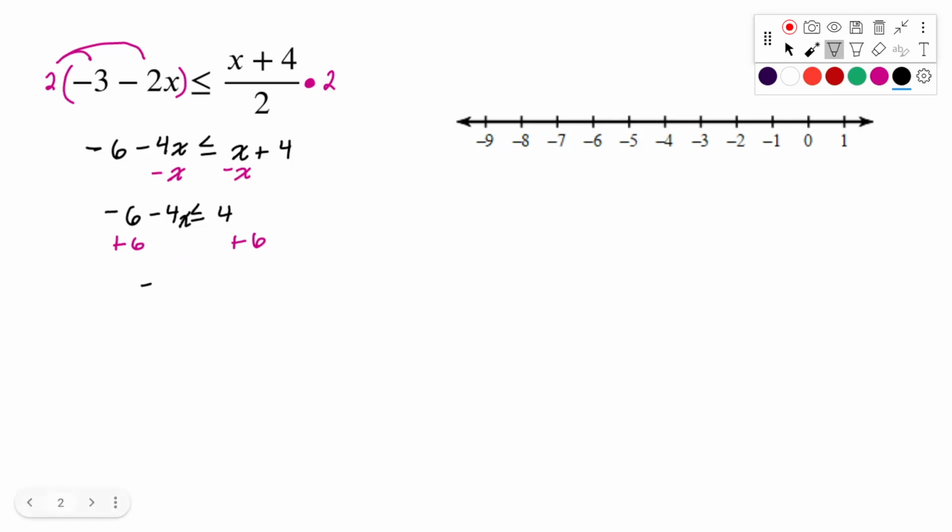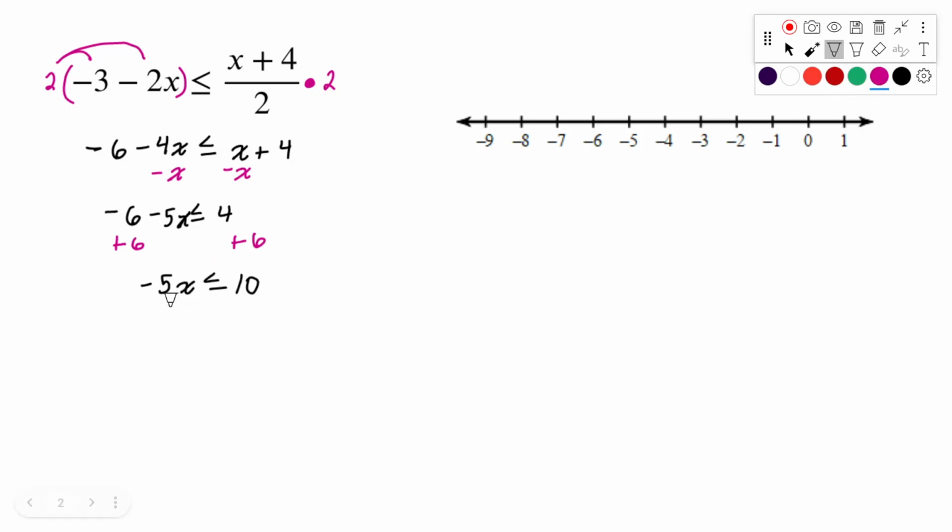We now have negative 4x less than or equal to 10. Oops, negative 4x minus x. I did not have all my numbers correct. If you were paying attention, you were probably wondering why I wrote a minus 4x rather than a minus 5x. So let's take care of this minus 4, make it a minus 5.